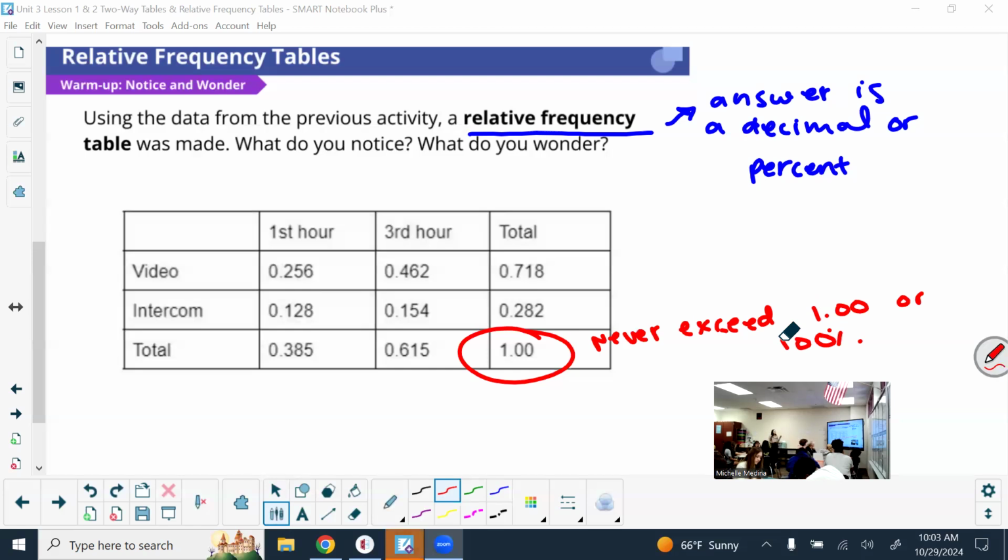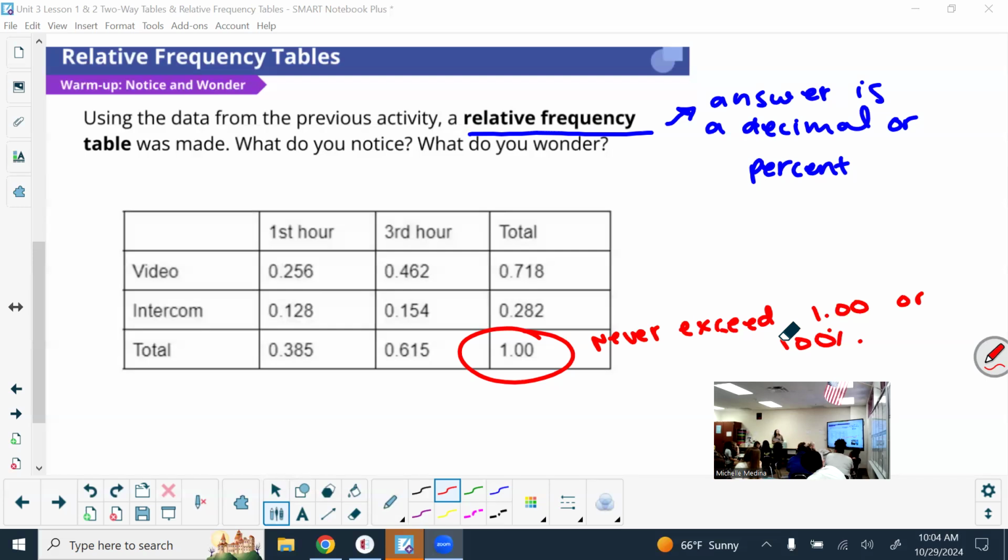So relative frequencies are in relation to the whole, or in relation to a certain category. So it might be out of just the people that wanted videos, how many wanted it in third hour. It could be anything. In this whole table, it's in relation to how many were surveyed. So if you are calculating a relative frequency and it's higher than 1 for decimals or 100% for percents, then you did something wrong.